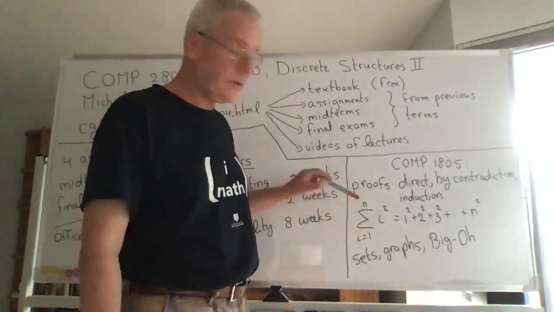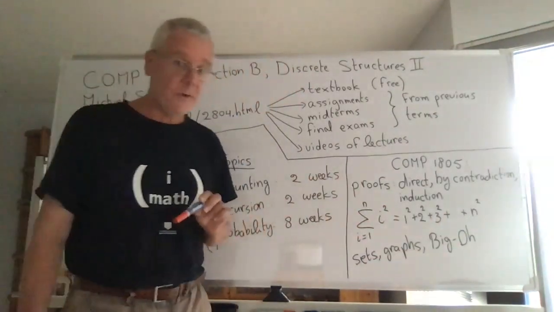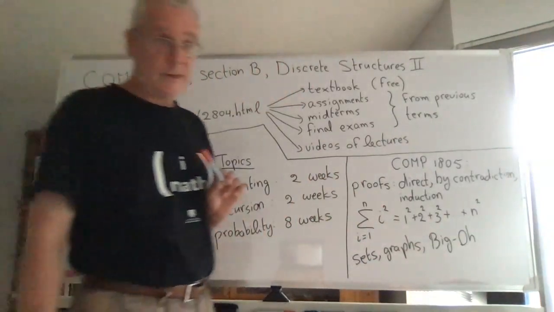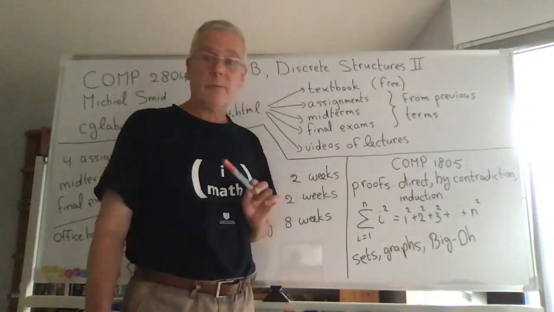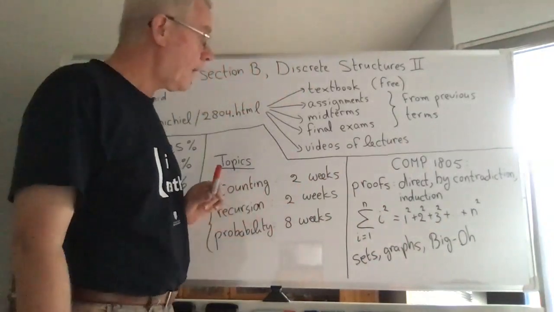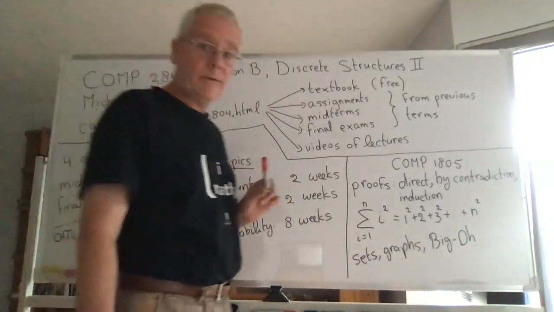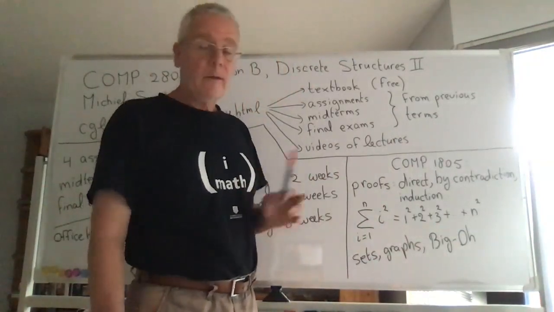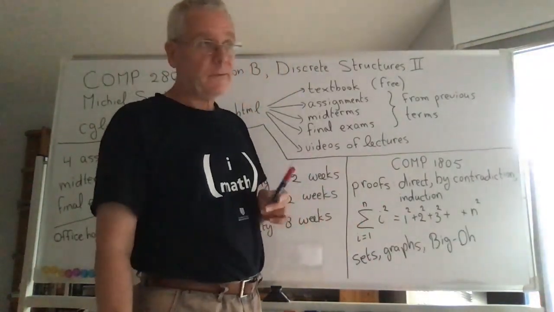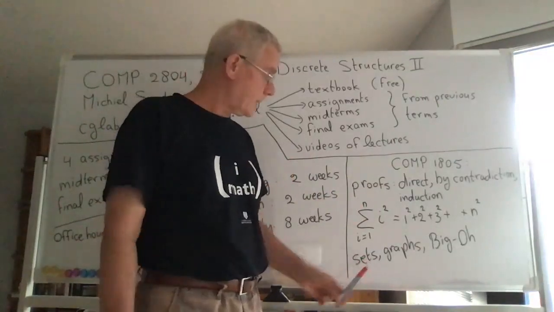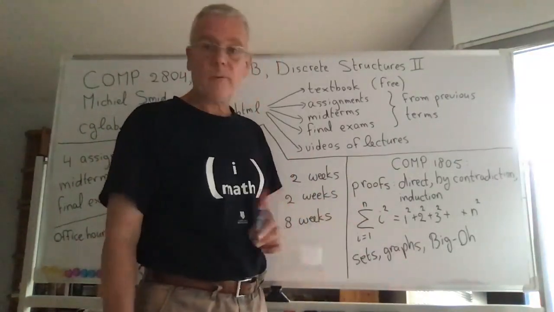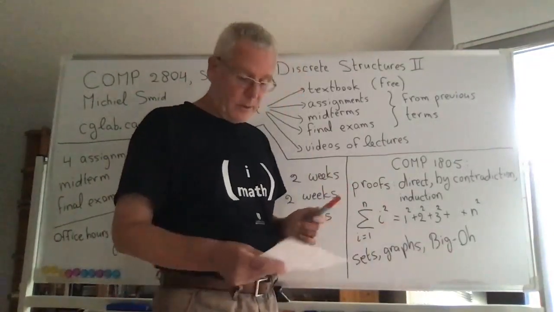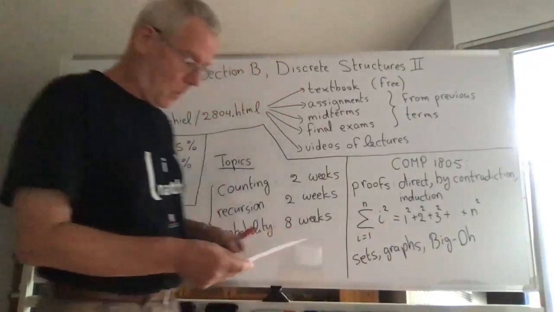These summations will show up over and over again, especially when we get to random variables and expected values. I also assume that you are familiar with the notion of a set, subset, union of two sets, intersection of two sets, that you are familiar with graphs, and with the big O notation.